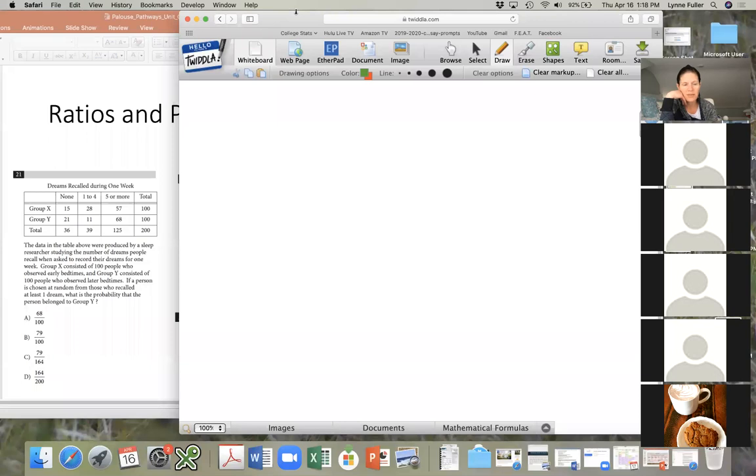If a person is chosen at random from those who have recalled at least one dream, what is the probability that the person belonged to Group Y? So they had to recall at least one dream. So that would be 11 and then 68. So it would be 11 plus 68.